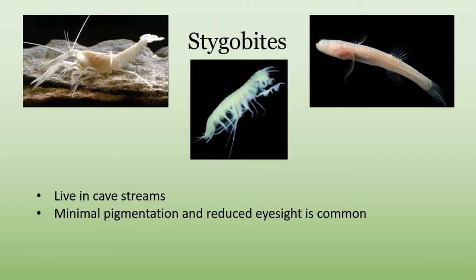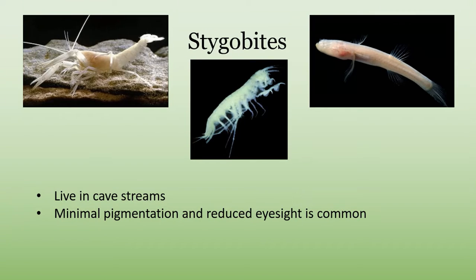This can be a problem for the organisms that live in caves, and these might look a little familiar for Governor School students. I know for me, when we were sophomores, we looked through leaf packs to find benthic macroinvertebrates, and stygobites are basically the same thing, very similar.